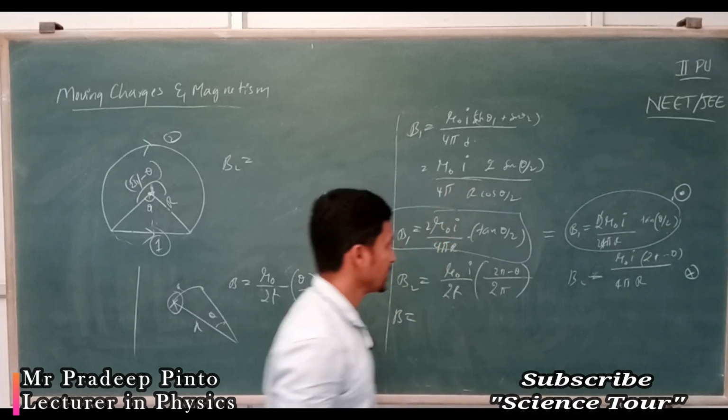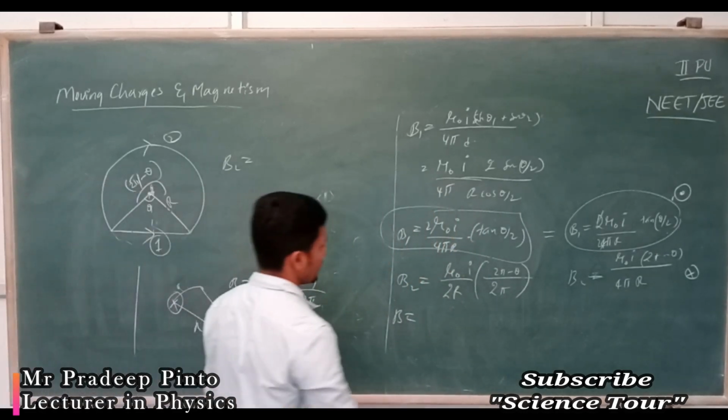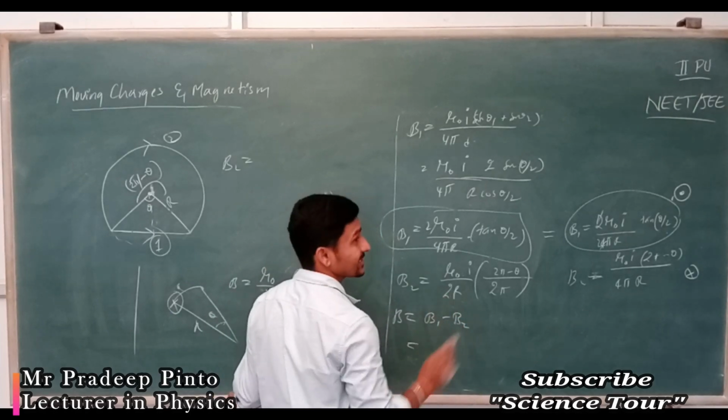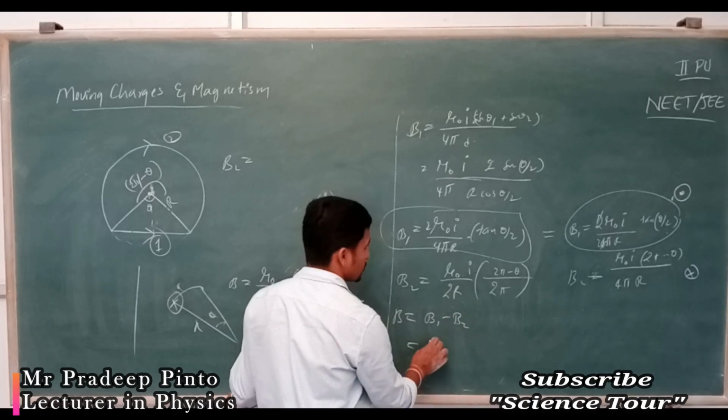Which one is greater? That is B1 is greater. So I can write down B1 minus B2, because opposite direction, no, they will cancel and some net external field you are going to get.